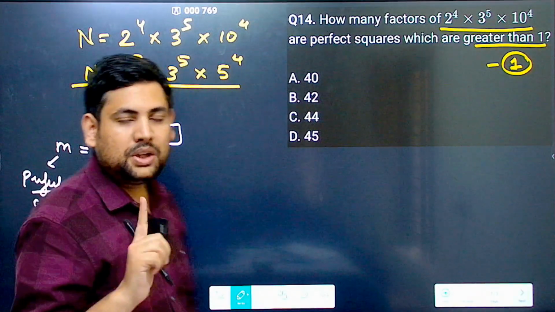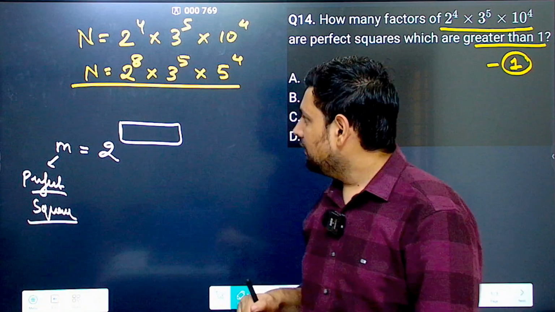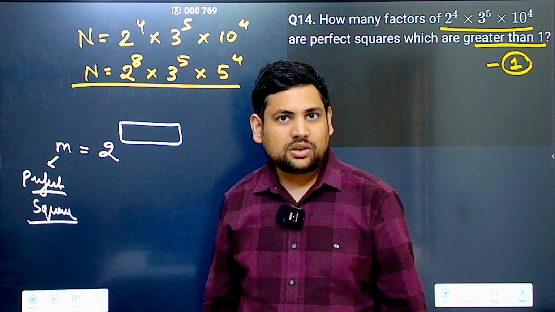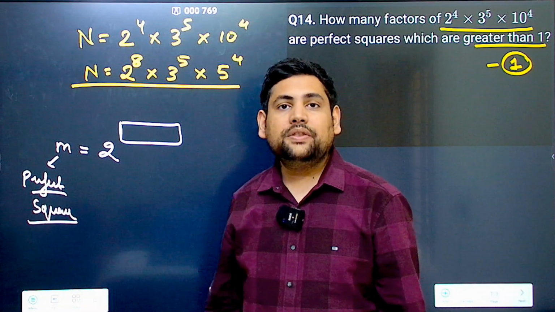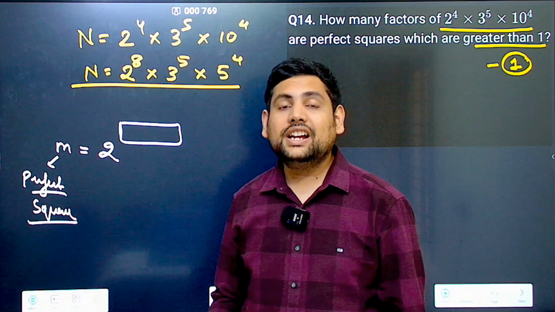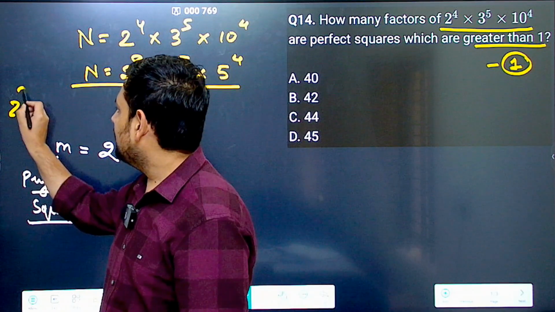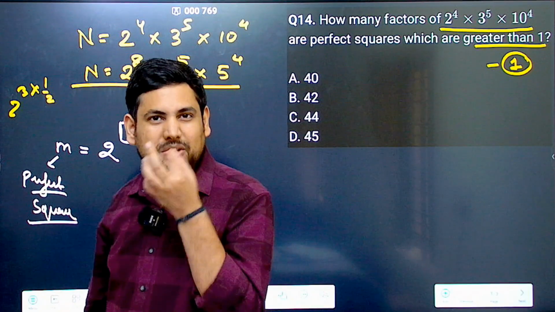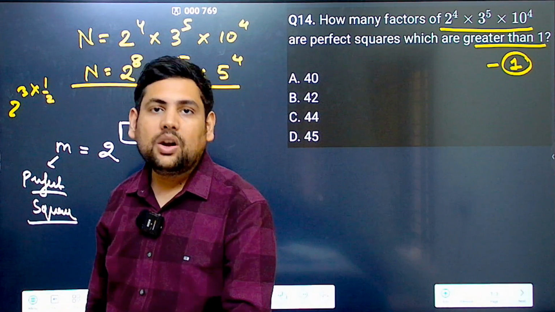For example, if I get 2 power 3 here, can I get a perfect square out of it? No, because perfect square means that if I take its square root, I should get a whole number. If I take the square root of 2 power 3, that means into 1 by 2, so it will give me 2 power 3 by 2, which won't give me a whole number.